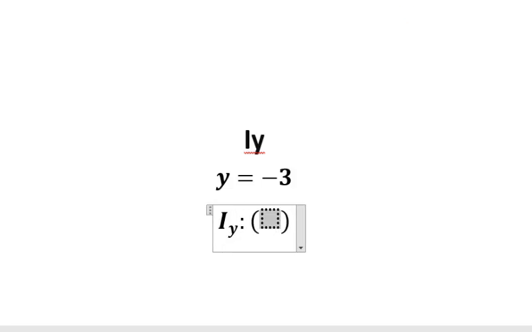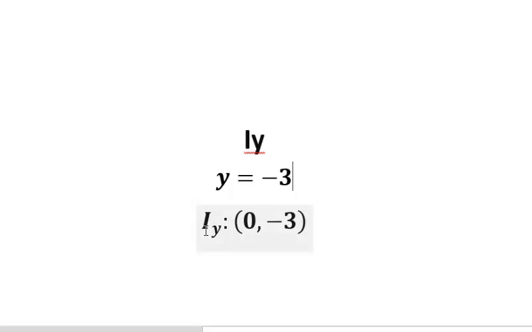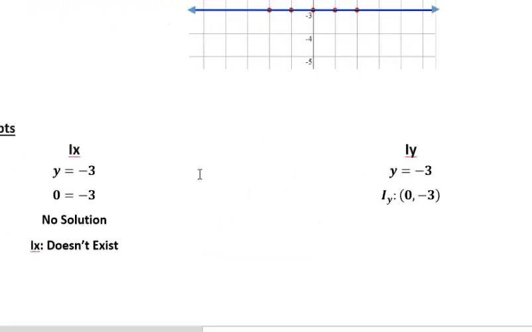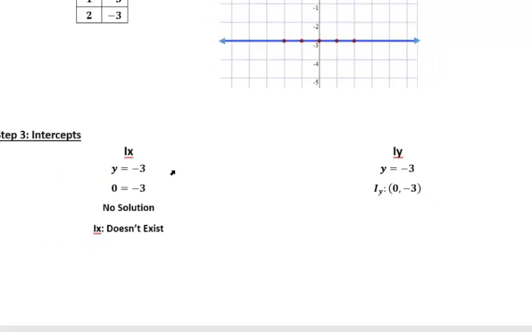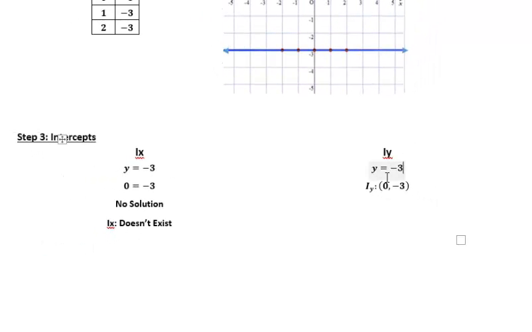Remember that the 0 is on the x and the -3 is on the y. So the y-intercept will be (0, -3), and that will be basically the steps for the intercepts.